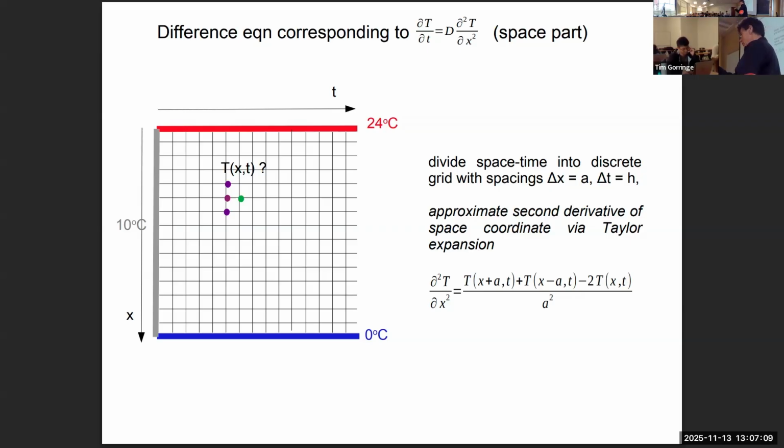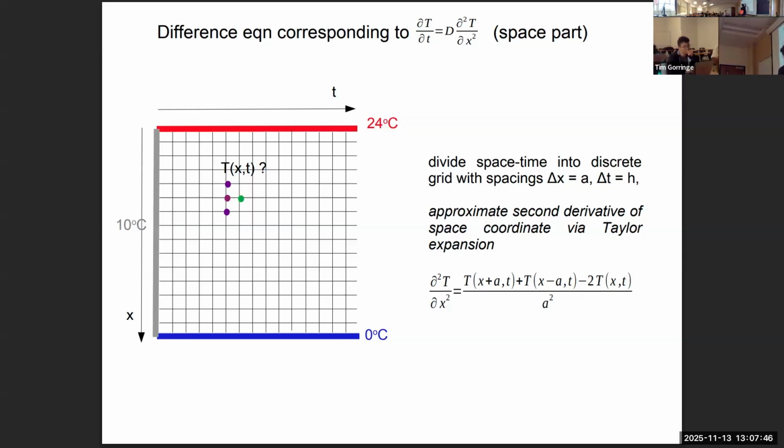And we said, whether it's the window pane or whether it's the steel rod, these are actually 2-dimensional problems. One of the dimensions is the relevant spatial coordinate, the thickness of the window, or the length of the rod, and then the other dimension is the time. We have a dimension of time in the diffusion equation. And we're going to discretize both of those. And so this is a picture of that.